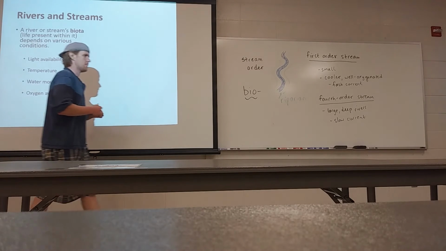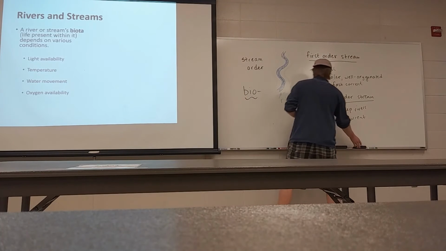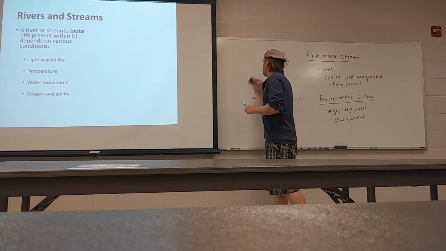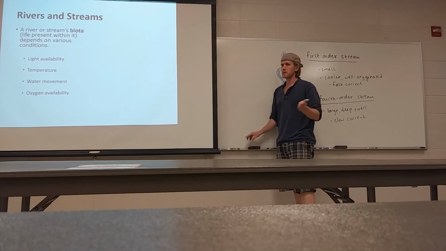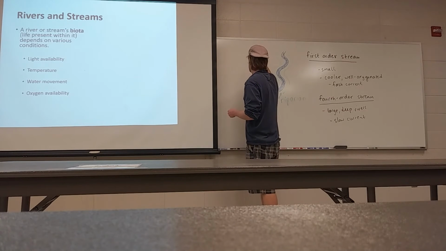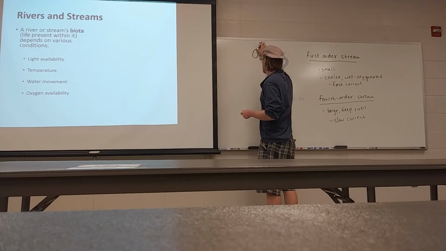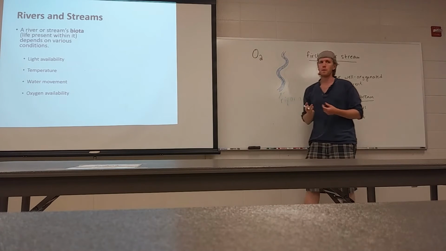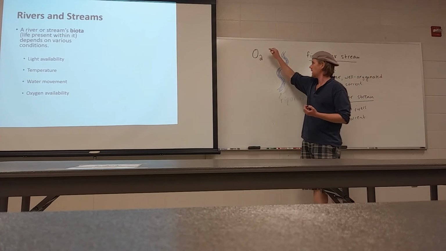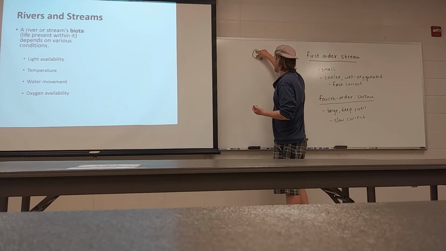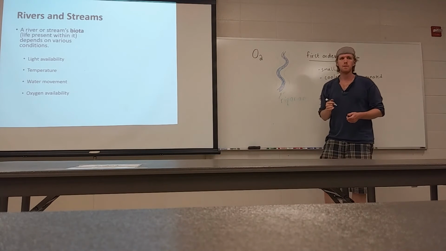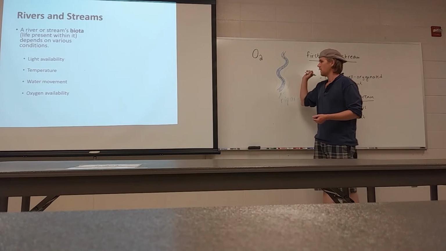Let's go ahead and start with temperature. I want to talk about oxygen in the water. If you remember from the last chapter, oxygen exists in the water as O2. It's the same form that you breathe in the air, but there's a lot less of it in the water that's available for organisms to use.